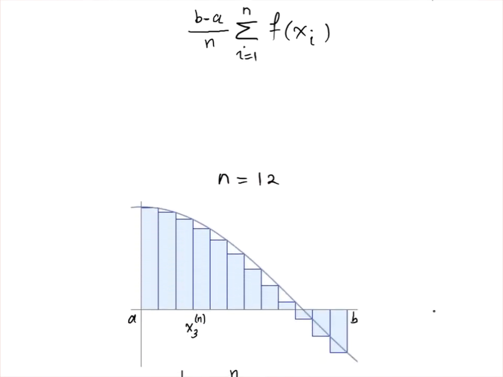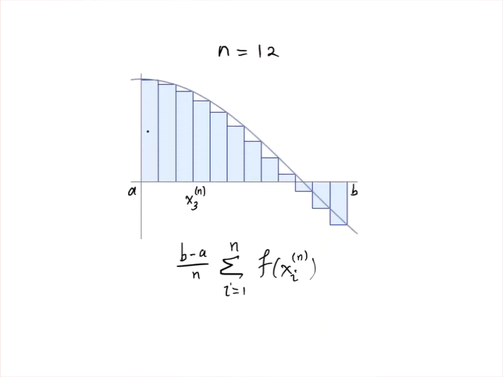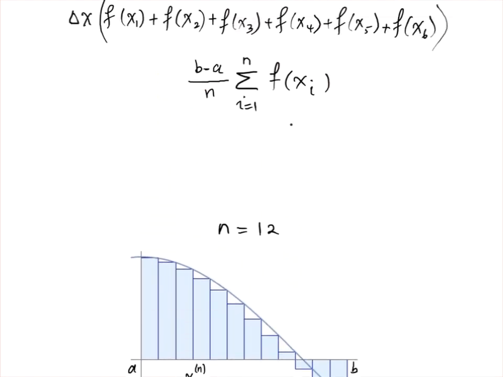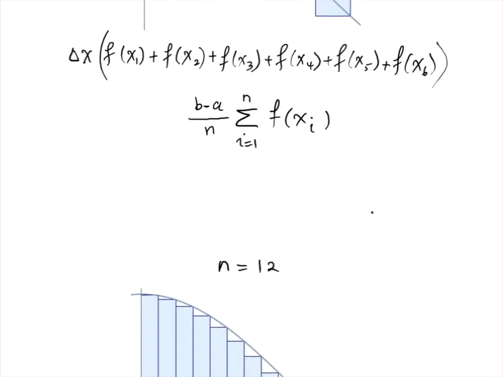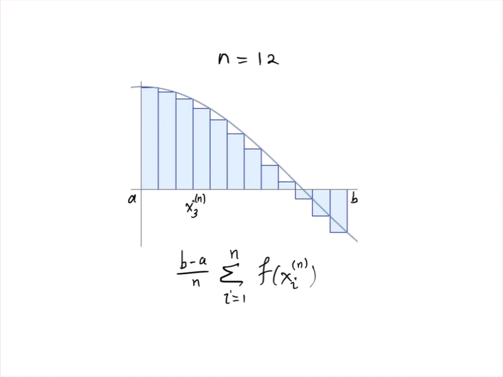And for n equal to 12, this is how the picture looks. Notice that the xi's depend on n, because these nodes are not necessarily going to be the same, and we have more and more of them. So I'm denoting that dependency by using a superscript with n in parentheses.